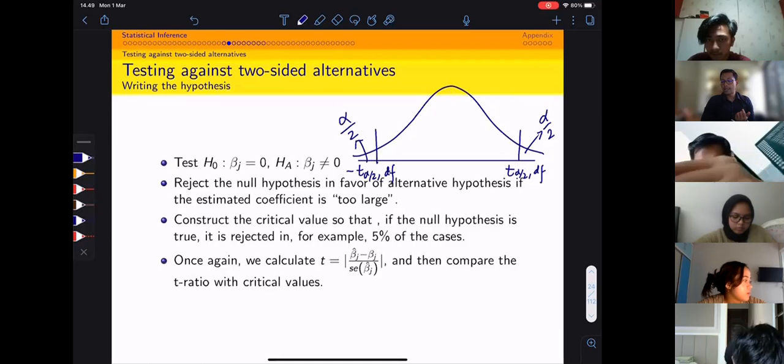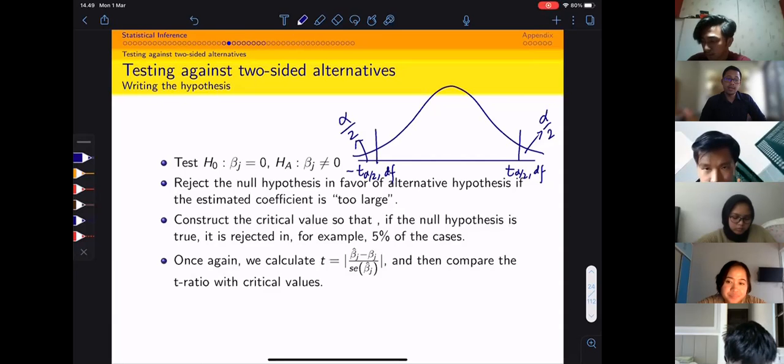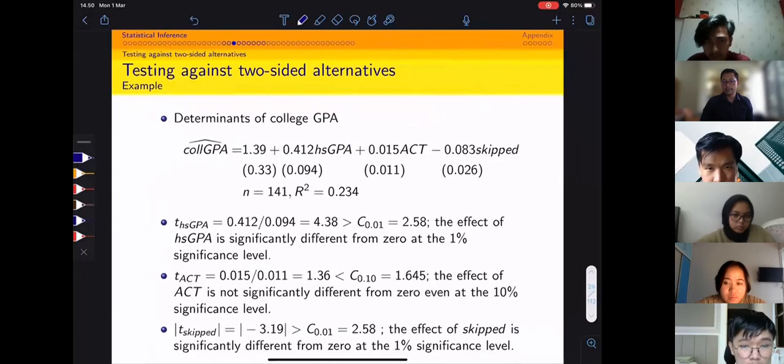That's the idea of two-sided alternatives. Again, why do we want a two-sided alternative versus a one-sided alternative? We want a two-sided alternative in cases where we don't know a priori whether a variable is or will be positively or negatively correlated.